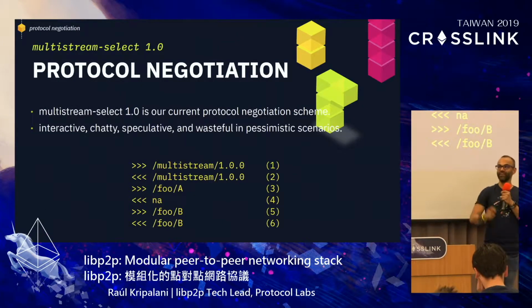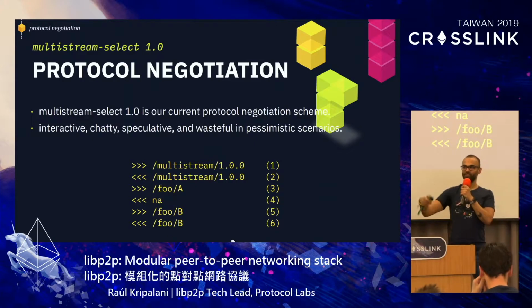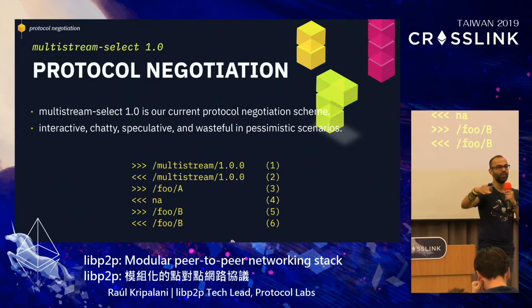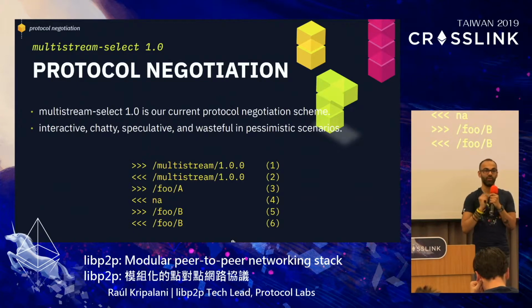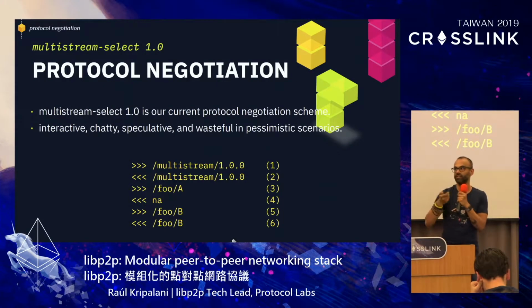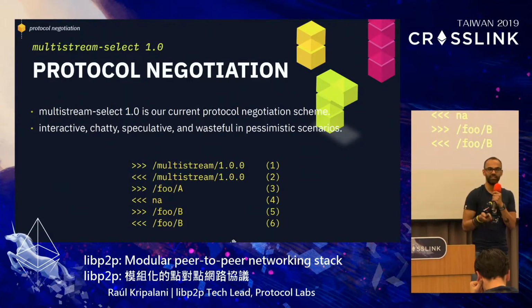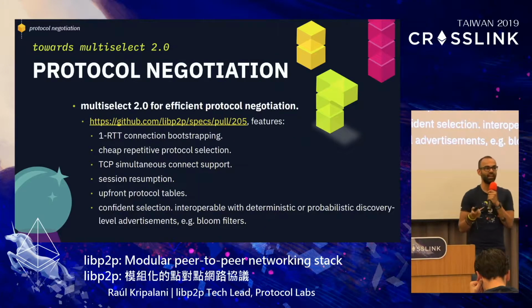Okay. All right, so another thing that's interesting as well that I wanted to discuss was protocol negotiation. Once you establish a stream with a peer, once you establish one of these conversations with a peer, you want to agree with them what is the thing that you're going to talk about, right? And that is what we call a protocol. You negotiate a protocol with a peer. Right now, we use multistream-select 1.0, which is interactive, chatty, speculative, and we're going to be moving soon to multiselect 2.0, which gives us a lot of cool, fancy features, such as one round-trip connection establishment.